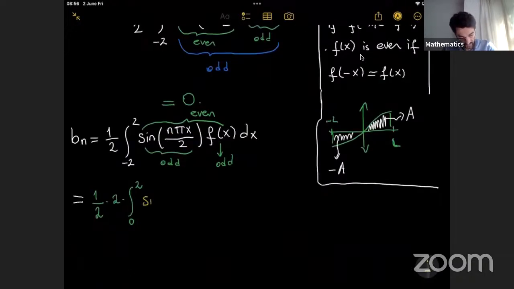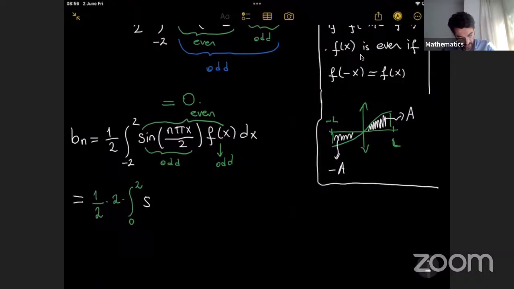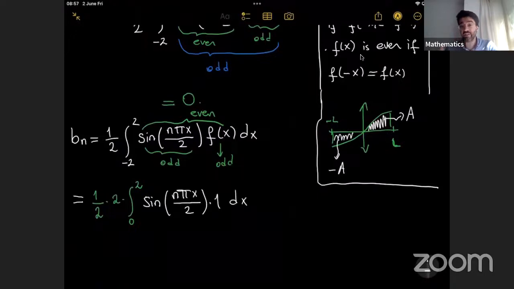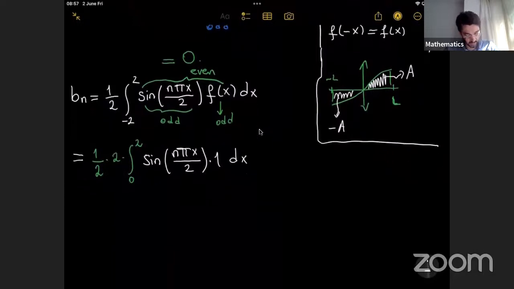So it's going to be sine n pi x over 2 times 1 dx, because f of x is equal to 1 when x is between 0 and 2, okay? Now we can compute this integral easily.